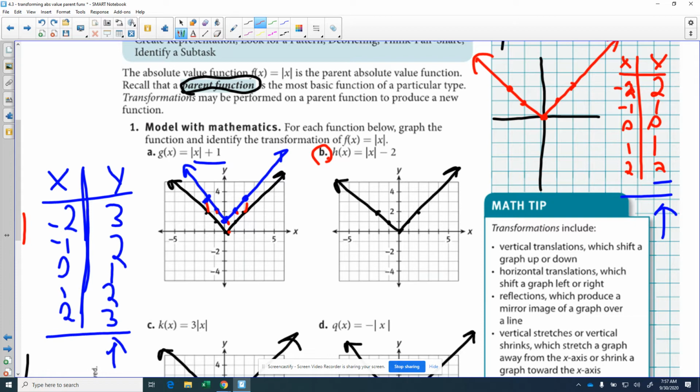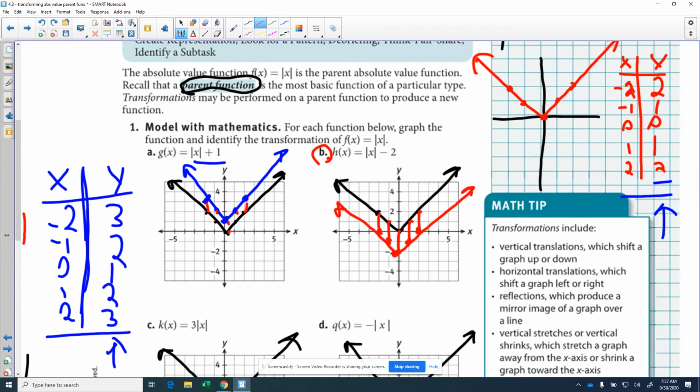If +1 on the outside makes it go up 1, then -2 should make it go down 2. So technically, all these coordinates should just go down 2 spots. And I should have my graph, which looks like this.